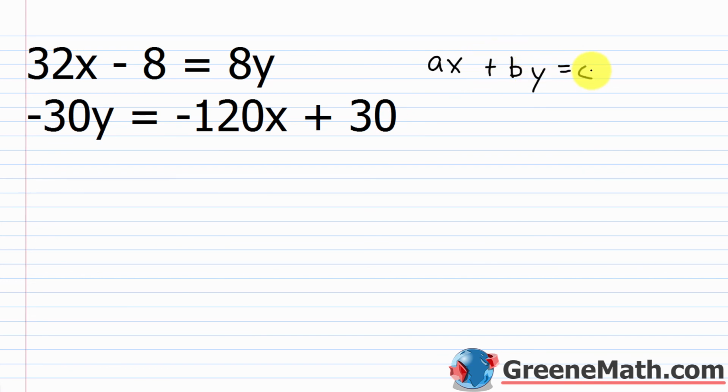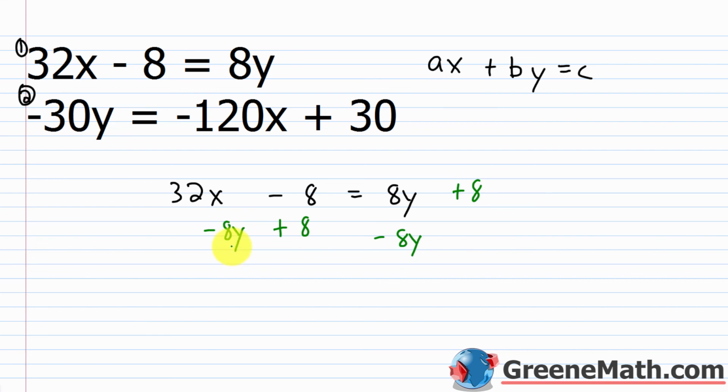So for this guy, again, I'm going to label these equations, equation 1 and equation 2. For equation 1, if I have 32x minus 8 equals 8y, let me add 8 to each side of the equation. Let me subtract 8y from both sides of the equation. So that's going to give me 32x minus 8y is equal to positive 8.